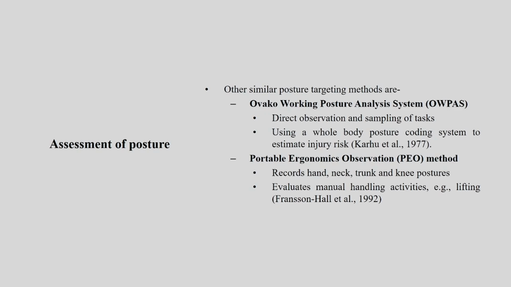Apart from that, we have the OVACU working posture analysis system, which we call OPAS or OAS, and the portable ergonomic observation method, PEO. The OVACU working posture analysis system is based on direct observation and sampling, and then uses the whole body posture coding system to estimate the injury risk.